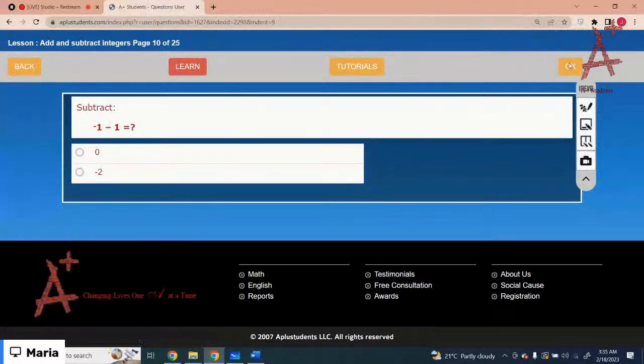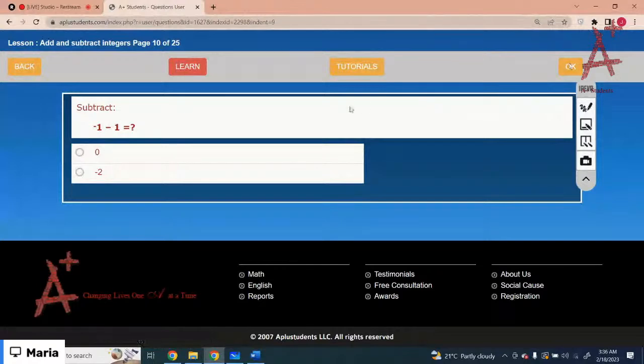Okay, minus 1, minus 1. Both the numbers are negative, so you have to add them with a negative sign. So it would be negative 2. Got it?